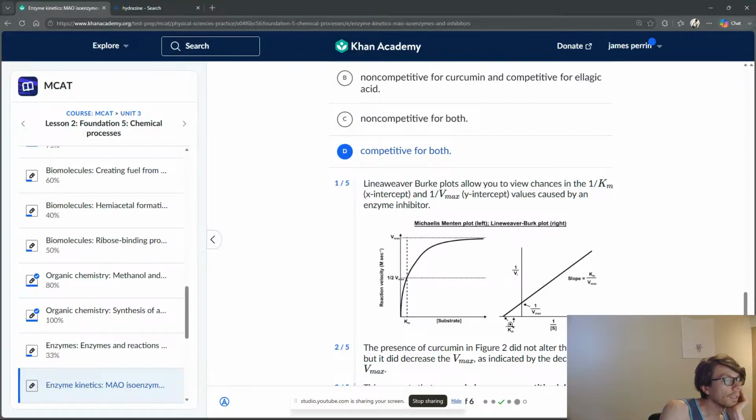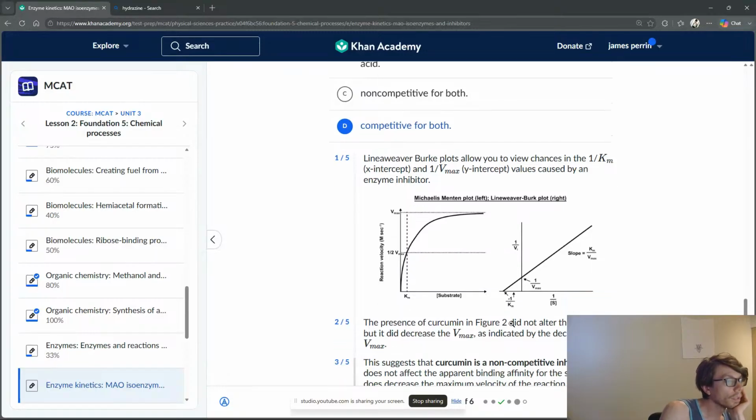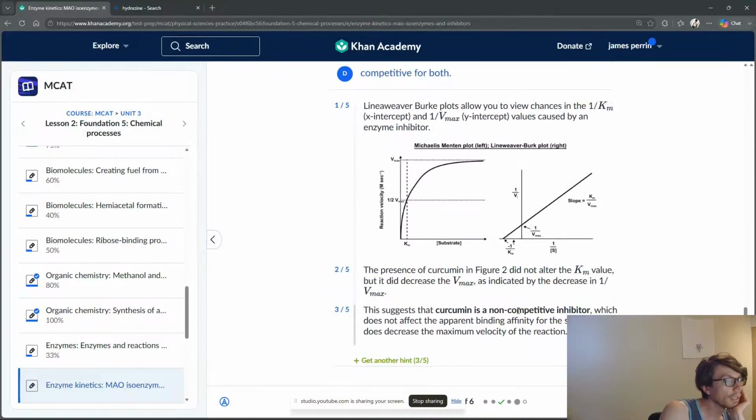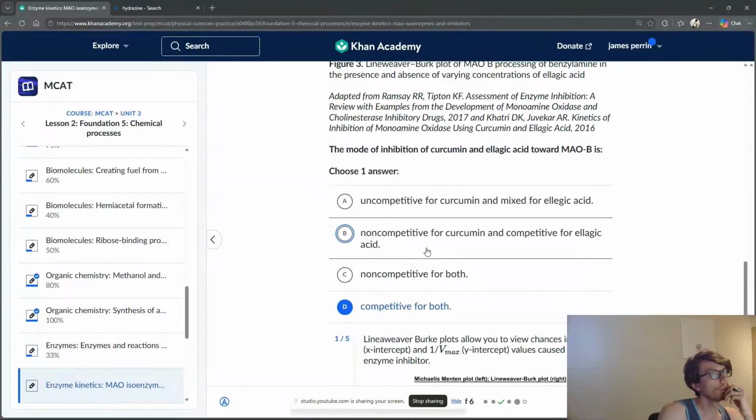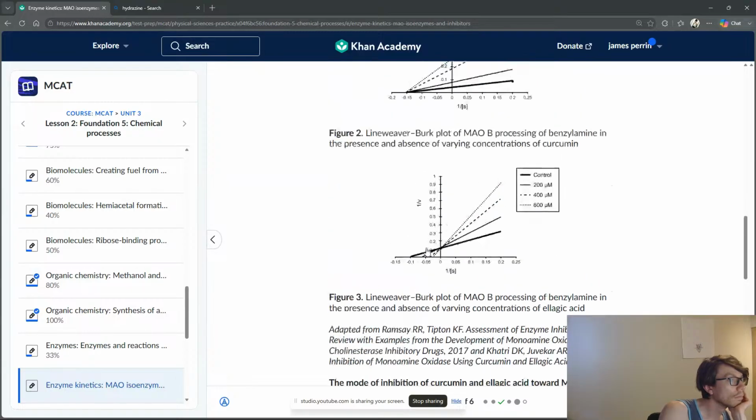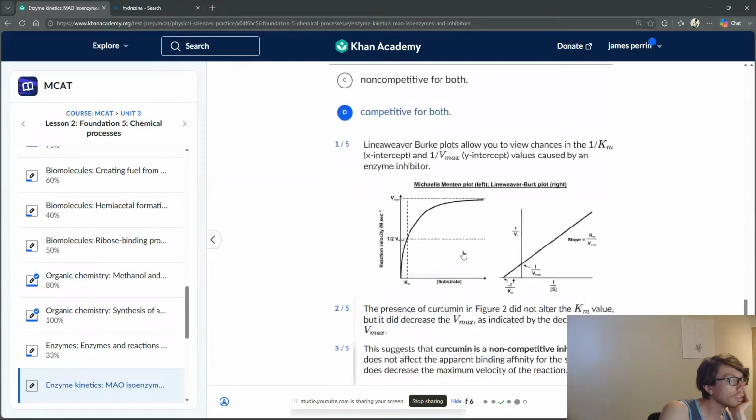So if the Km in the Lineweaver-Burk doesn't change, it's non-competitive, huh? What doesn't change there is the 1 over Vmax, which I don't even really remember what that means.